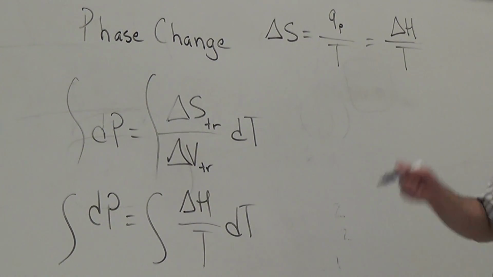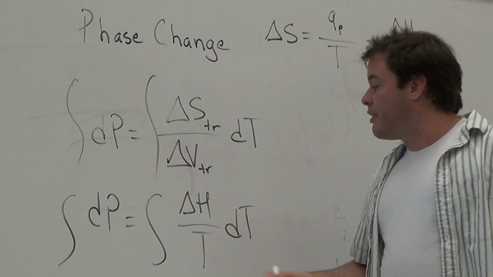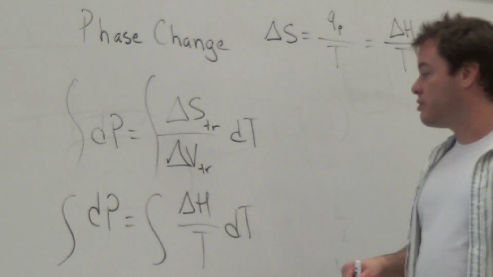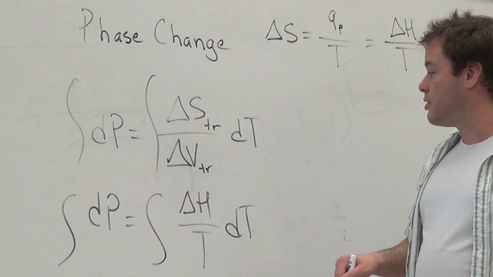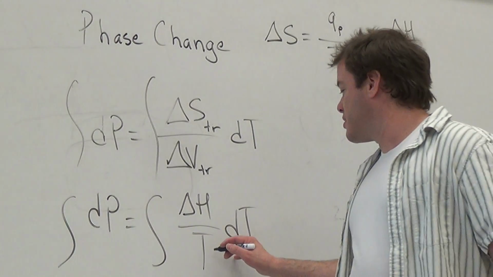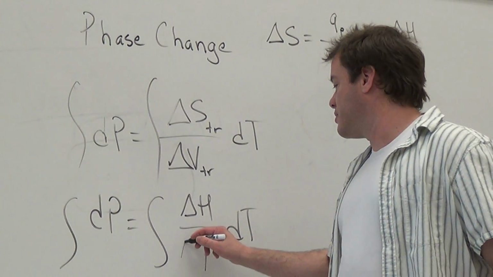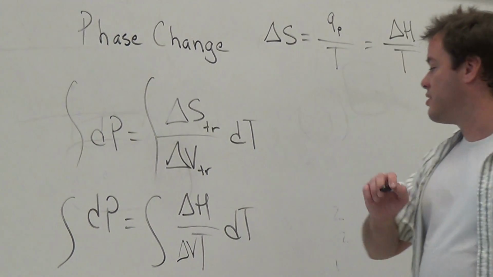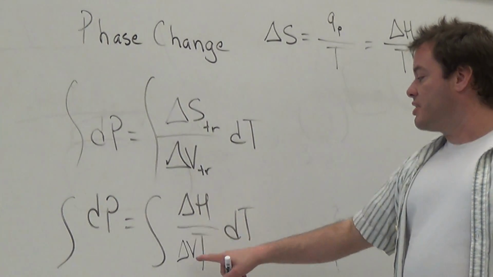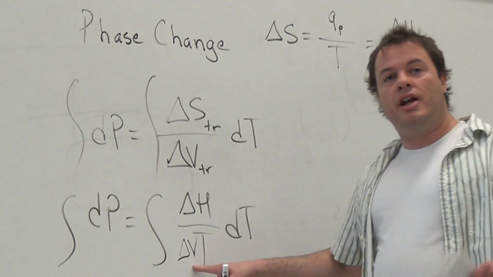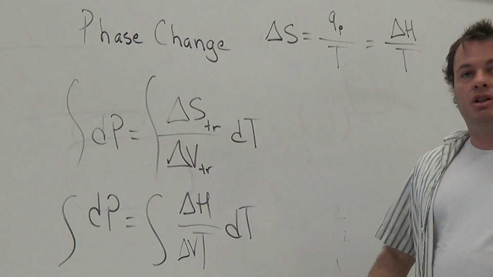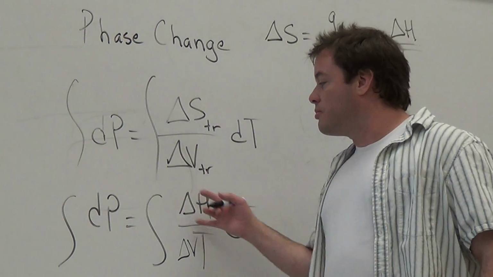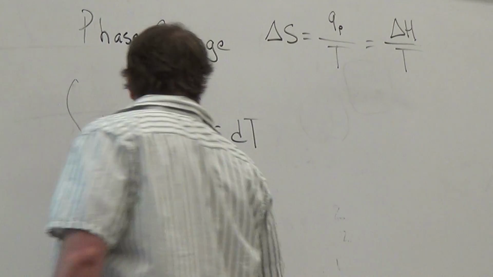And if you assume that delta H and delta V are not functions of temperature or pressure, you can pull those out of the integral.